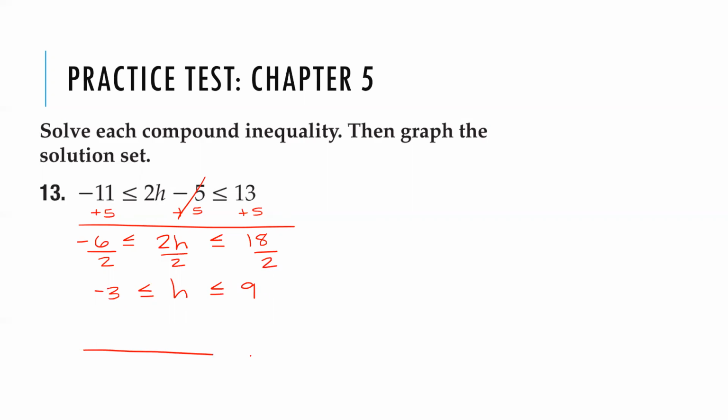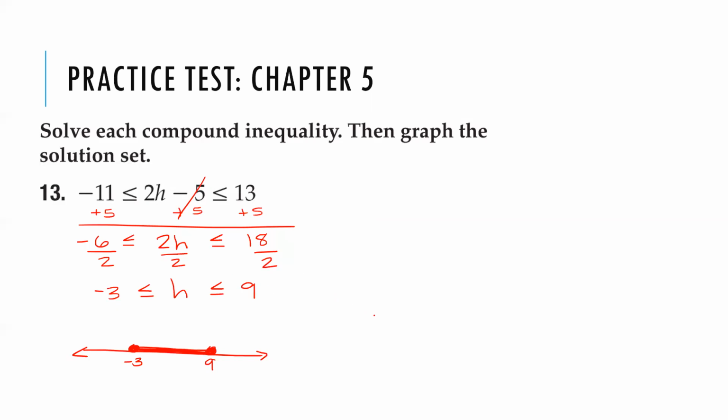So when I graph this, I have a closed circle at negative 3 and also a closed circle at 9 because they're less than or equal to and greater than or equal to. And everything in between those two numbers is shaded in. Okay? All right.